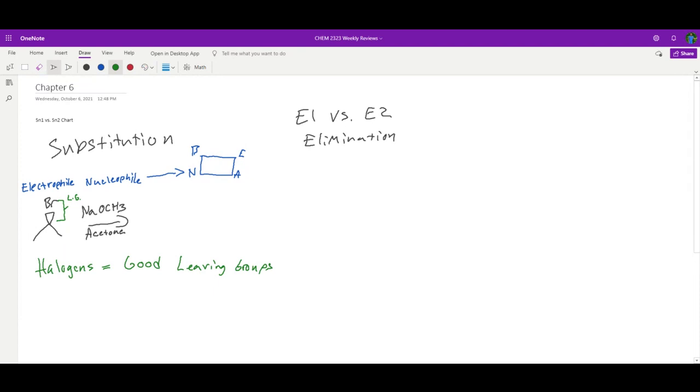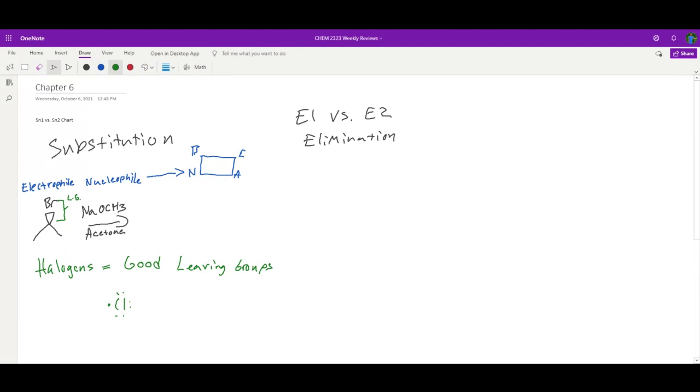Halogens have 3 lone pairs and 1 radical, so they are always wanting to find an extra electron, always wanting to leave to bond to something else.